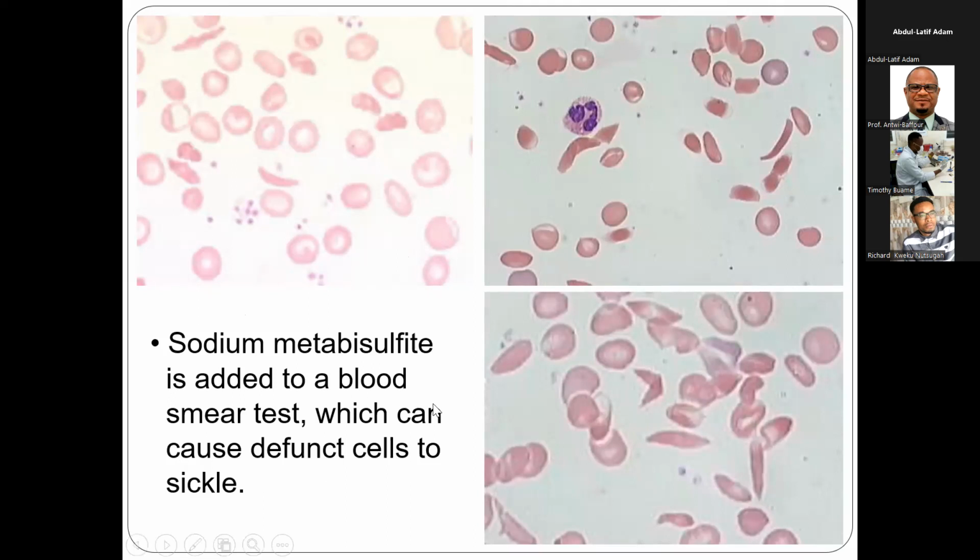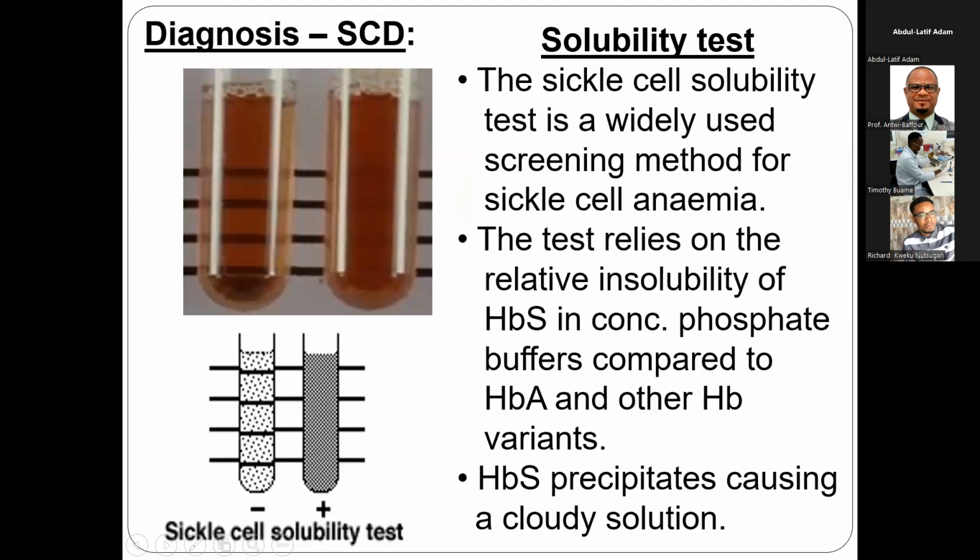So when you put the blood on the slide, add sodium metabisulfite, and cover slip it. Once you apply the cover slip, a hypoxic condition will be created, and the cells will begin to sickle over time. When you examine under the microscope, you see the sickled cells over here. Okay, this is the sickling test.